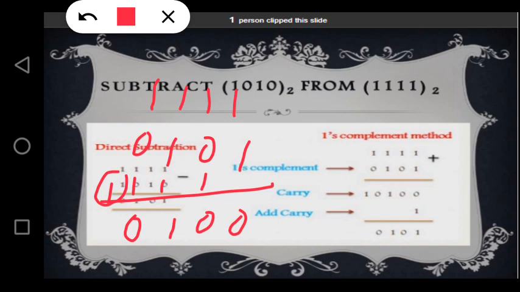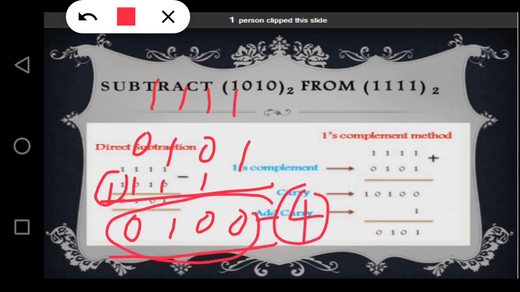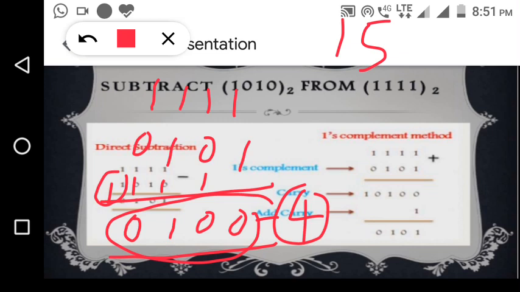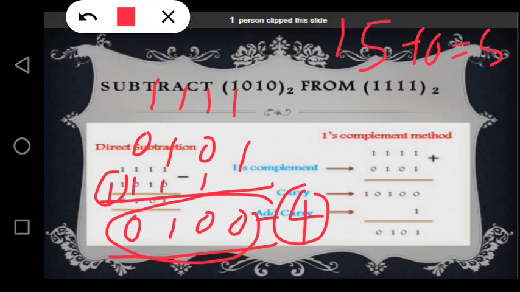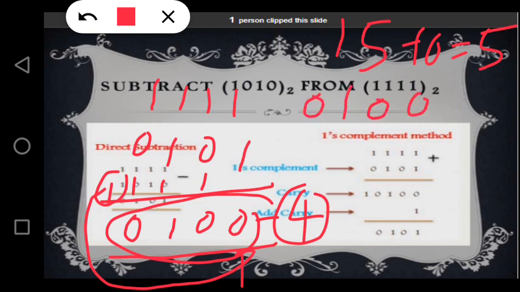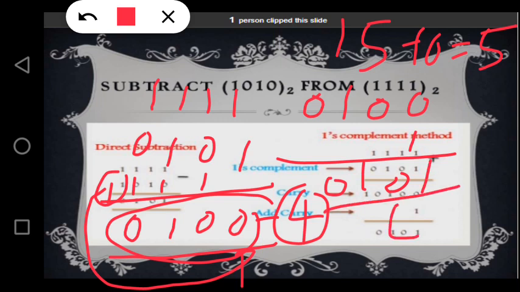So what is the result? The result is 4, but I should get 15 minus 10 as 5, not 4. So what should I do? Add this carry. Simple. 0100 is the result. Add the carry, you will get 0101. It is nothing but 5. It is as simple as that.